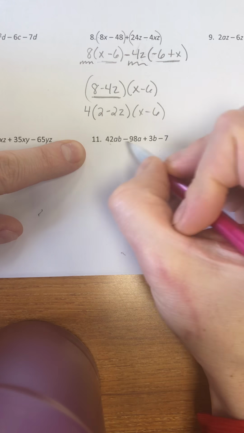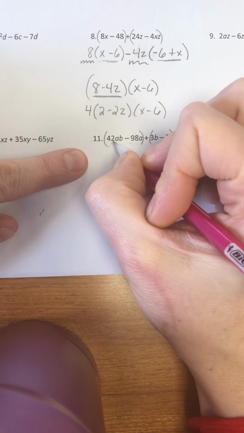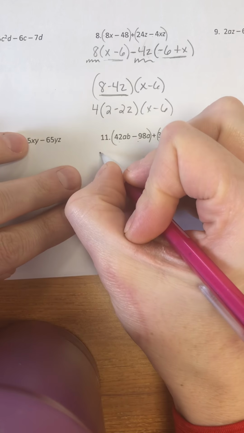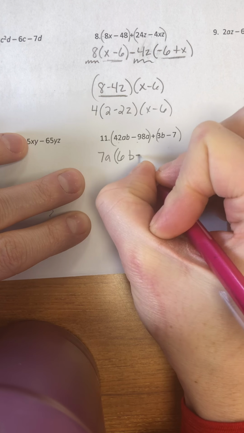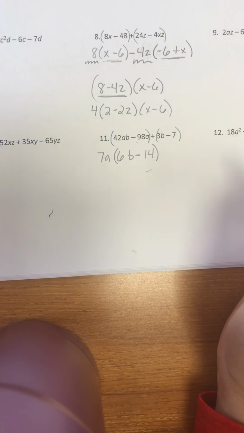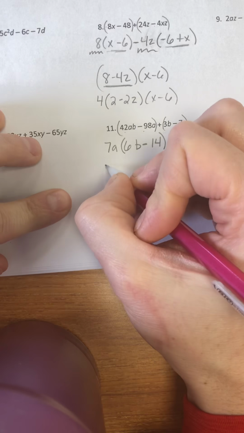If I do number 11, again, there's 4 terms, so I will start by grouping the first 2 terms and grouping the second 2 terms. A GCF for 42 and 98, what's that going to be? 7, does that work? 7 will work. So 7a, and that will give me 6b minus 14. It looks like I think I could pull more out of there. I think I could pull a 14 out.